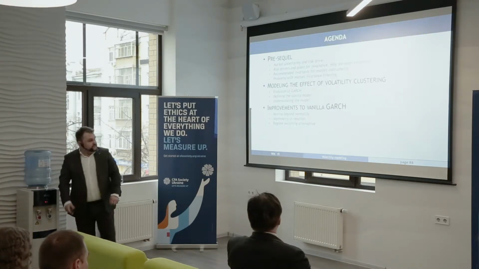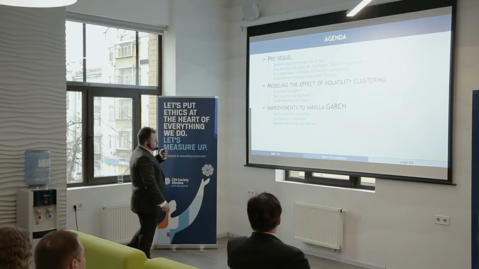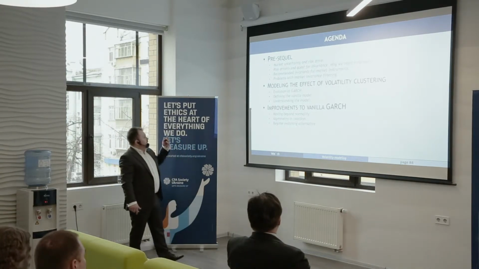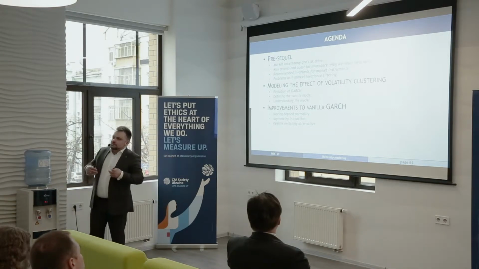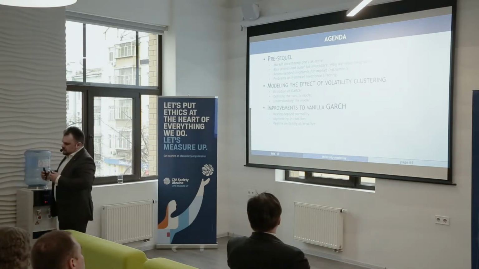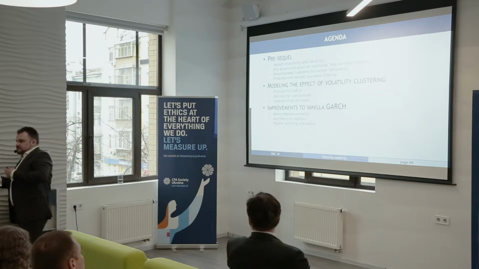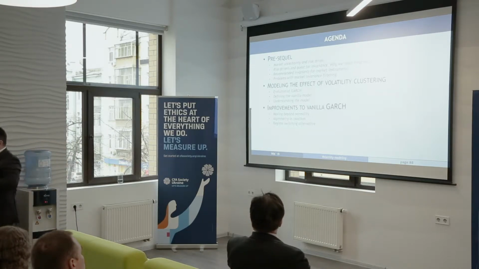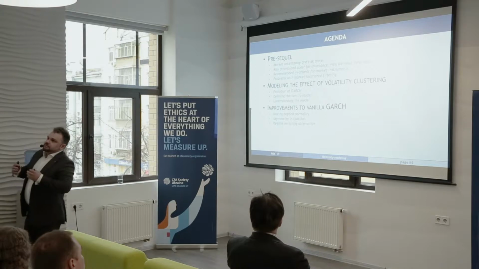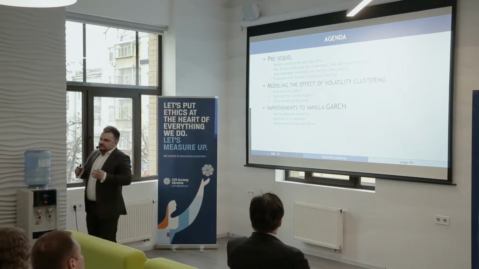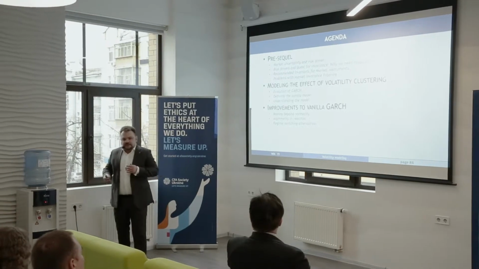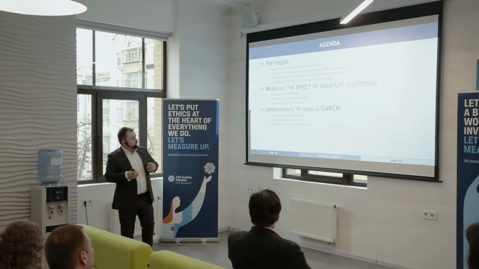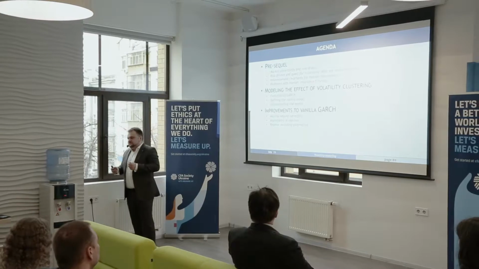The presentation contains three main steps. First, I present some thoughts about risk invariants and about how to separate the uncertainty from the raw data. The second step is modeling the effect of volatility clustering.